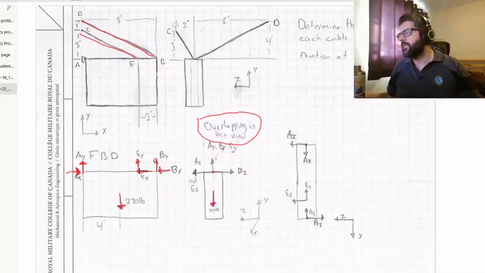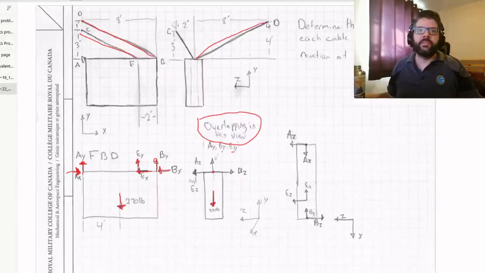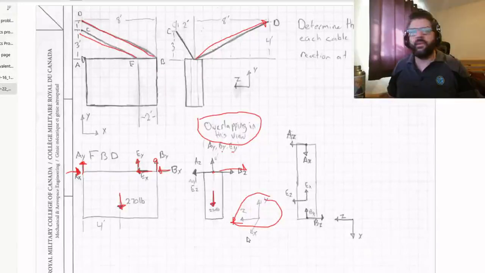So those overlap. BZ here, that's this one here, acting to the right. So based upon our coordinate system, that'll be a negative Z component. And then the AZ and EZ are applied at the same point, overlapping a little bit, so we can't really show them separately on the graph.